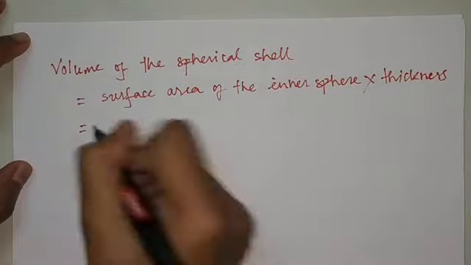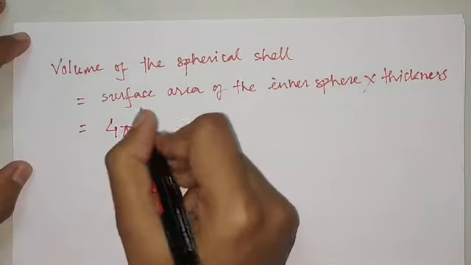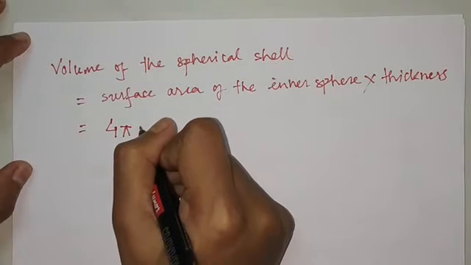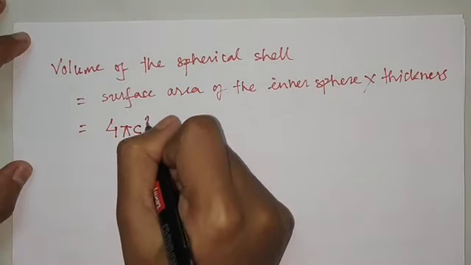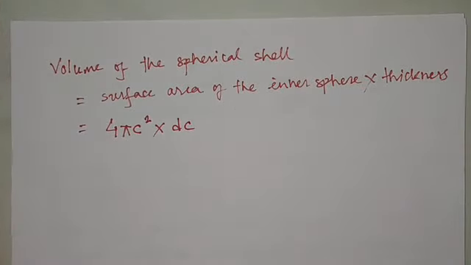So surface area of the inner sphere will be 4 pi radius square, the radius is c, so it is 4 pi c square into the thickness dc.